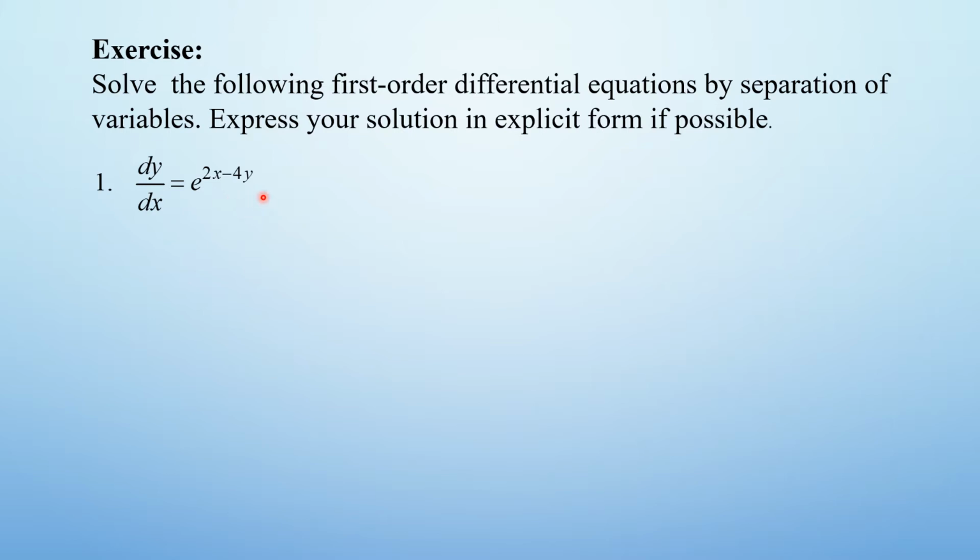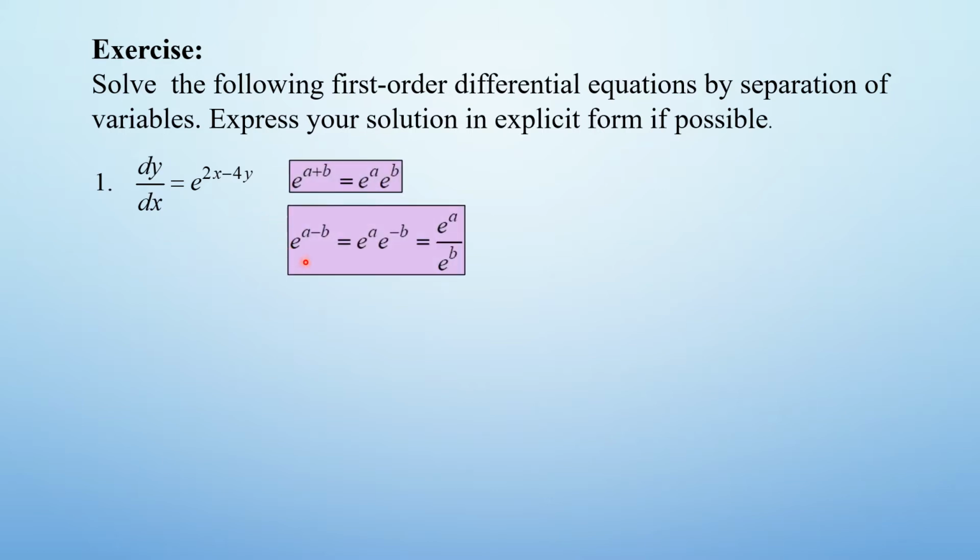To find out, let us first apply the law of exponents. One of the laws says that e to the power of a minus b is e to the power of a times e to the negative b. So we apply this law so that e to the power of 2x minus 4y can be rewritten as e to the power of 2x times e to the negative 4y.